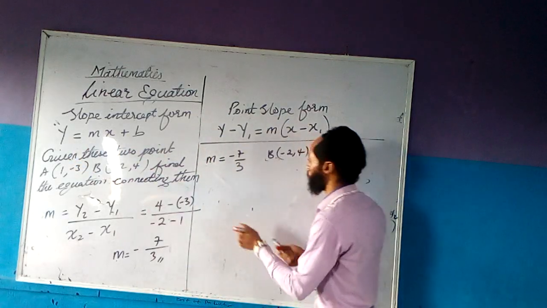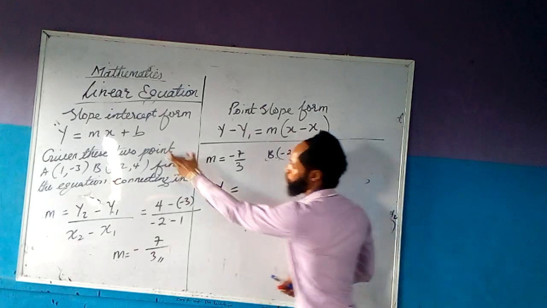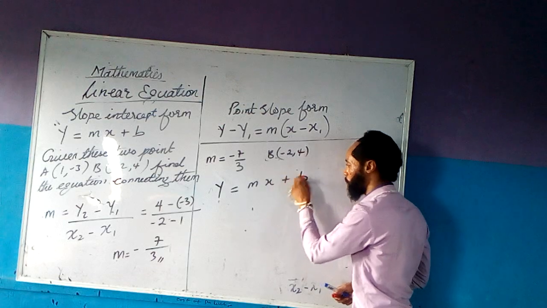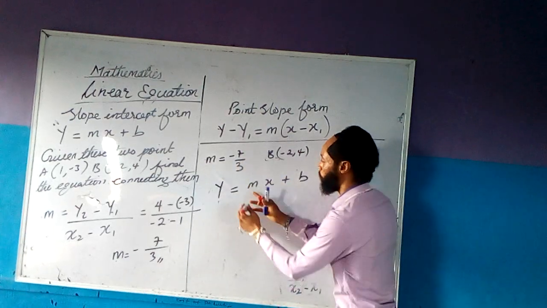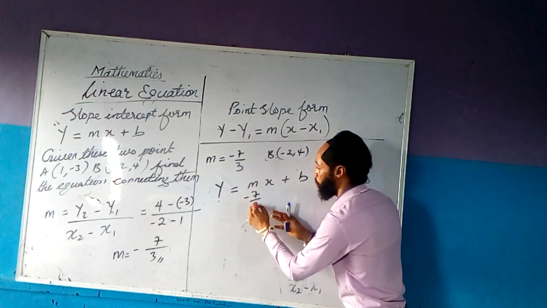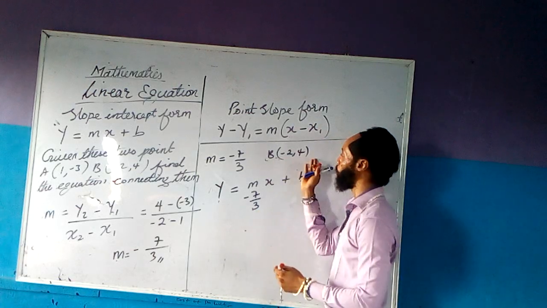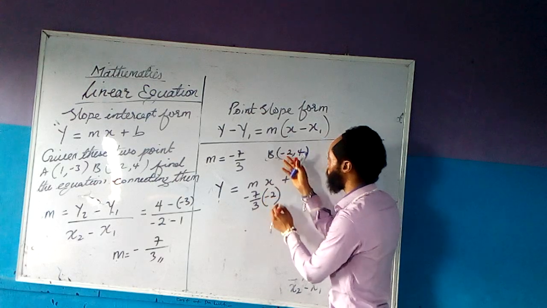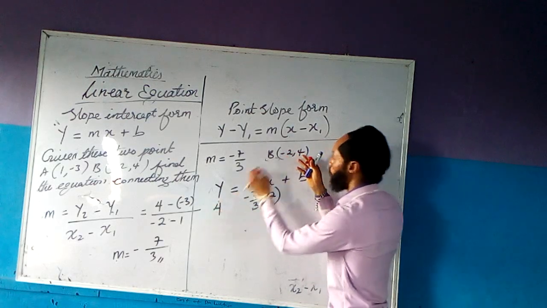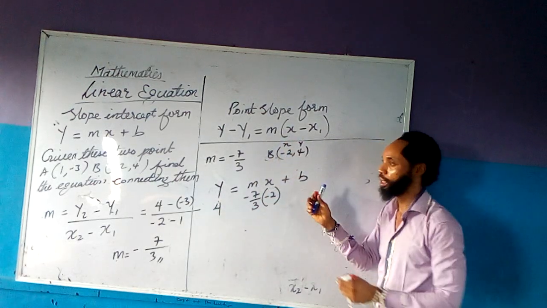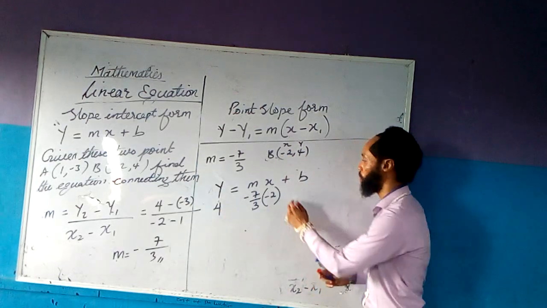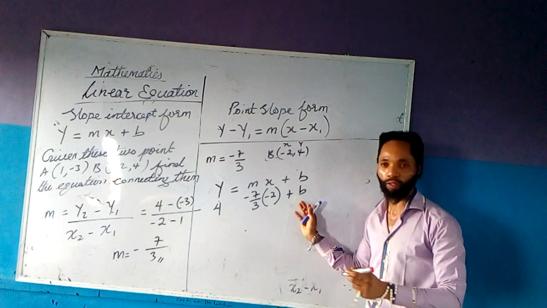So let's use slope intercept form, y equals mx plus b. Our slope is negative 7 over 3. X is negative 2, y is 4, plus b. So you can see we're solving for b.